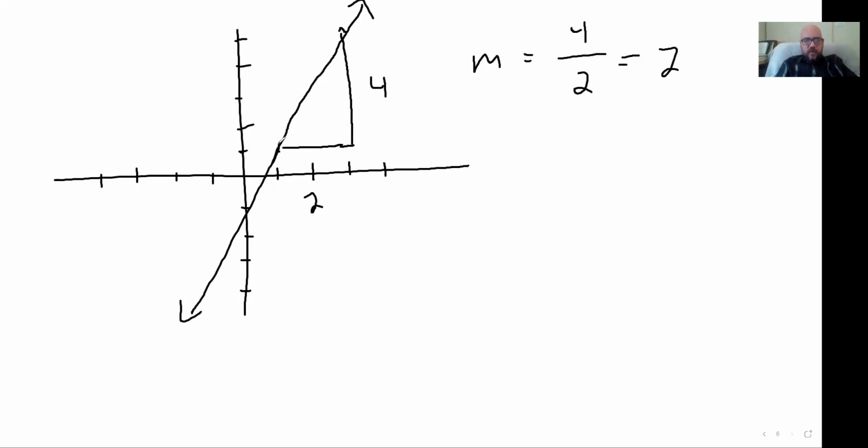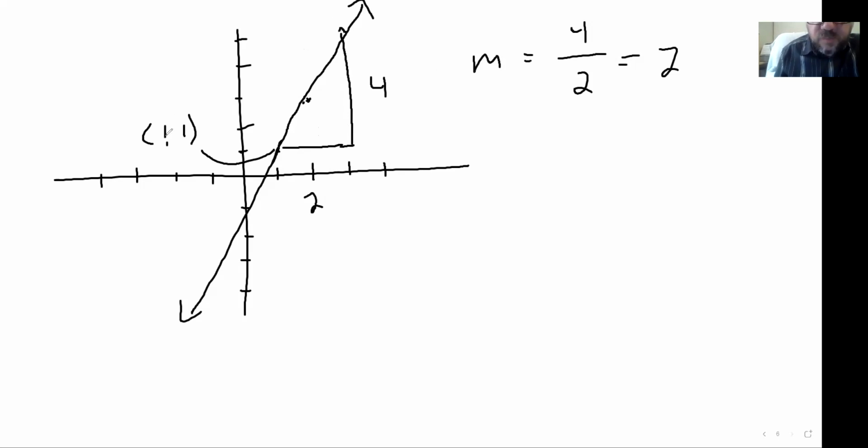And notice that if I had picked this point instead, right here, that's not a very good drawing, but this is the point 1, 1, and this was the point I went up 4 and right 2. That means that this point is 3, 5, right?